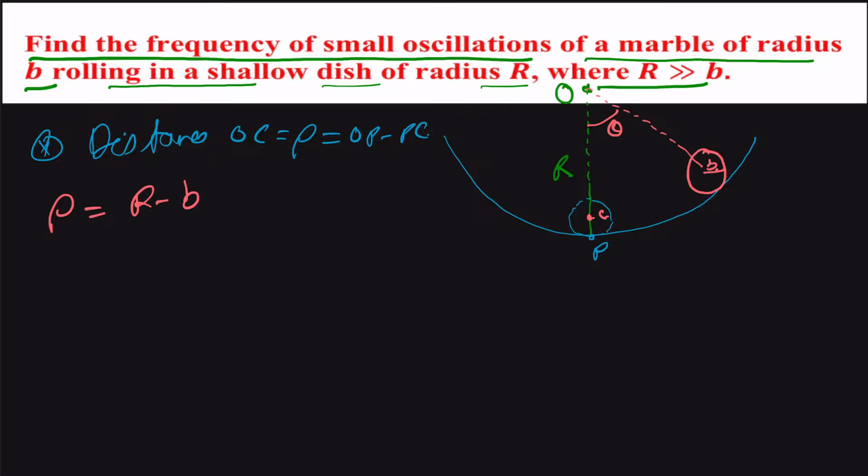We can deal with that later on also. And for this point of contact P, the value of theta is equal to 0.